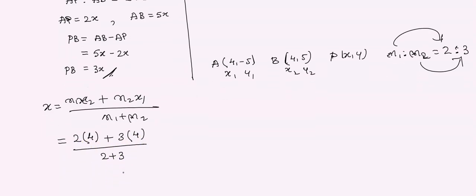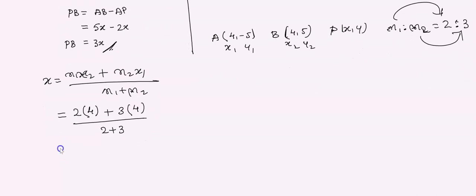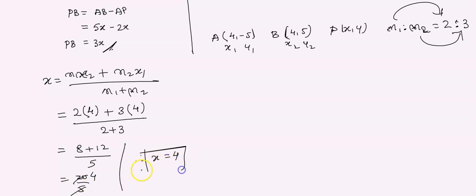Got it? Now further calculation: 2 4s are 8 plus 3 4s are 12, by 2 plus 3 is 5. 12 plus 8 is 20 by 5, that is 4. Therefore the value of x is 4.